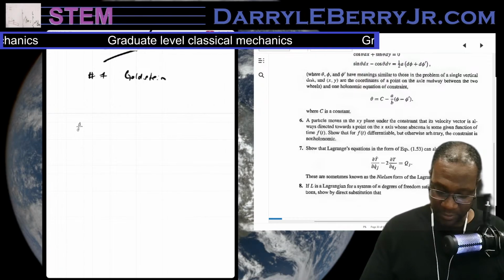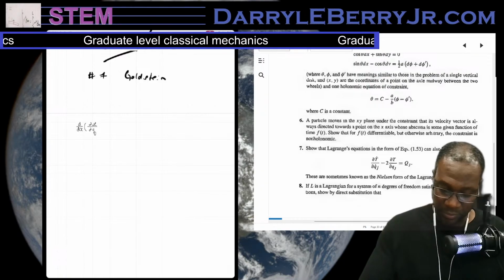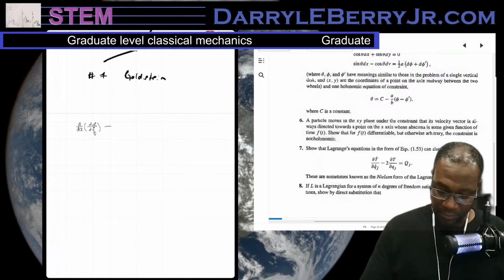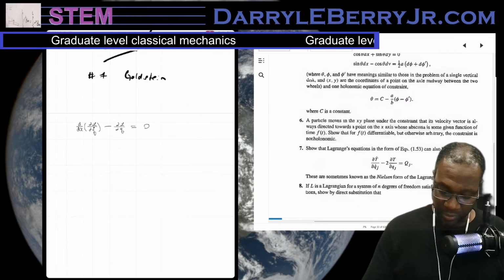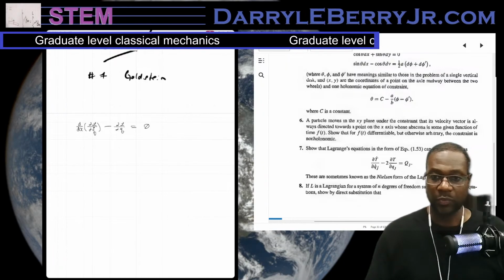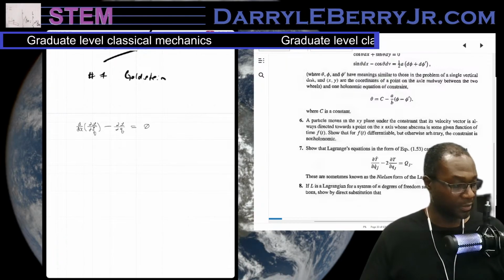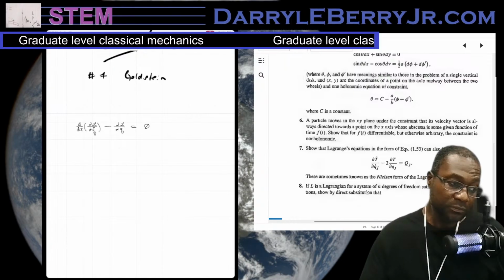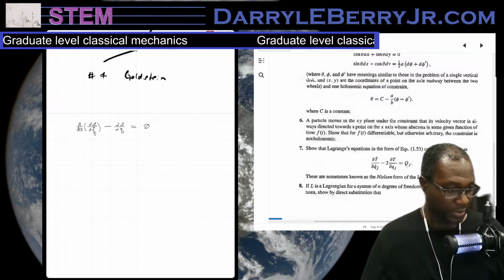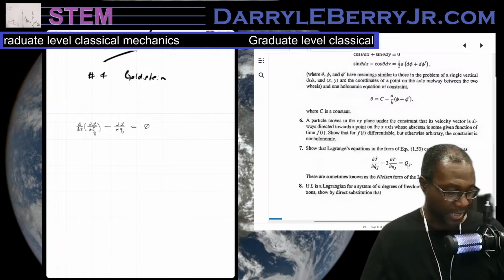for instance, d/dt of the partial of the Lagrangian over partial q dot, minus the partial of the Lagrangian over partial q, and that all equals 0. So it seems to be saying that this equation can be written in the other way successfully. These are sometimes known as the Nielsen form of the Lagrange equations. Notice there's a q on the other side.